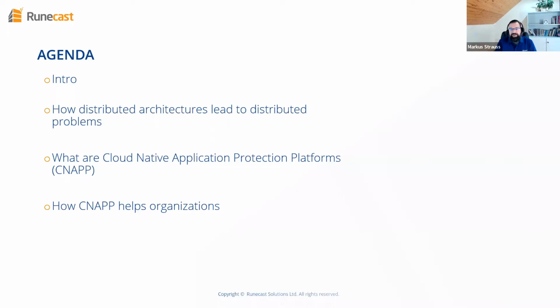The second is what actually is CNAPP, right? So what can we think of when we think of cloud native application protection platforms? And then lastly, how CNAPP can help you, right? How CNAPP can help organizations to really improve their security posture, to really improve their efficiency and reduce overhead.